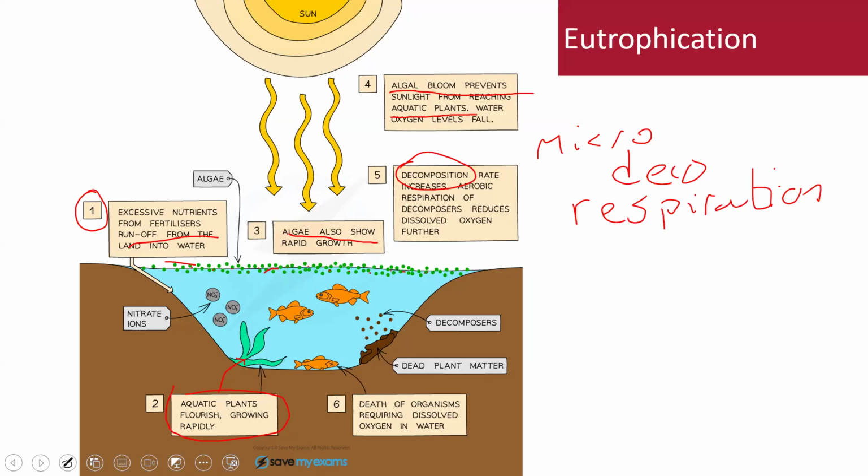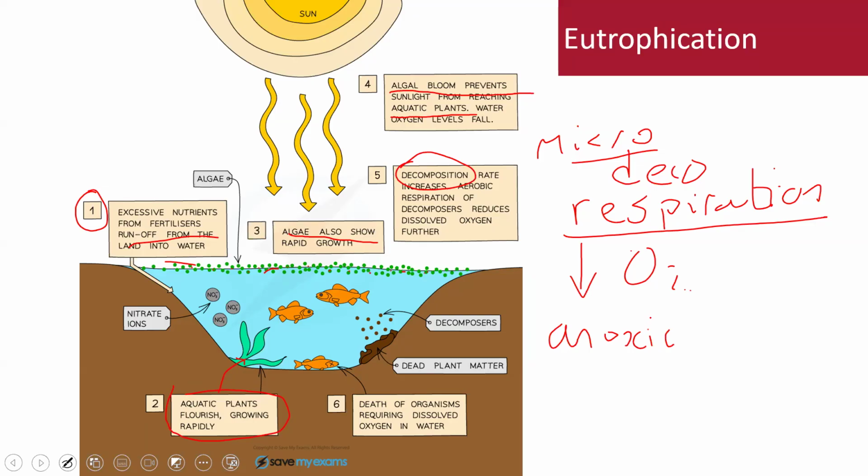And because the microorganisms are doing respiration, the oxygen levels decrease massively. Eventually, the whole water becomes anoxic. Anoxic means no oxygen. That means nothing can survive.